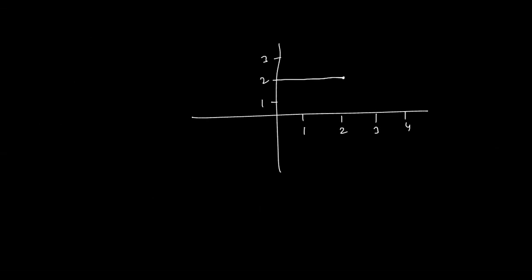The coordinates of these 2 points will be: this point is going to have x coordinate as 0 and y coordinate as 2, and this point is going to have 2, 2 as a coordinate. So the midpoint of this line is going to lie here.